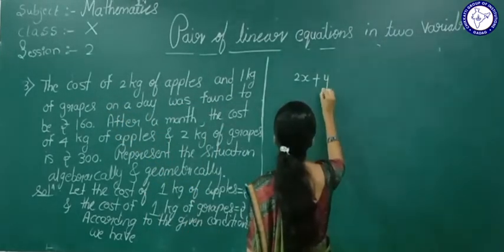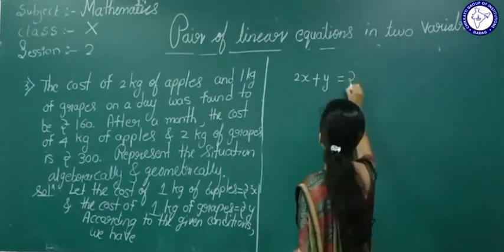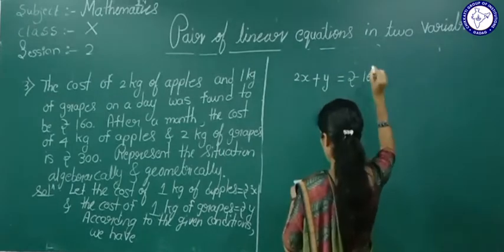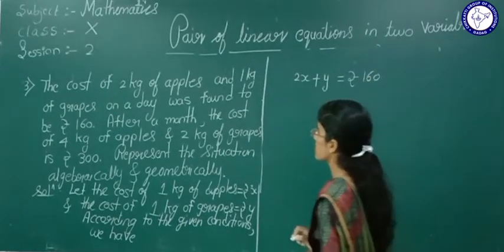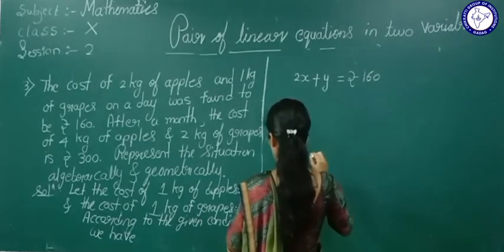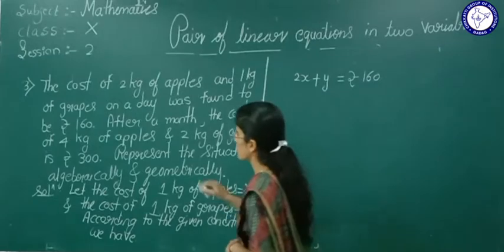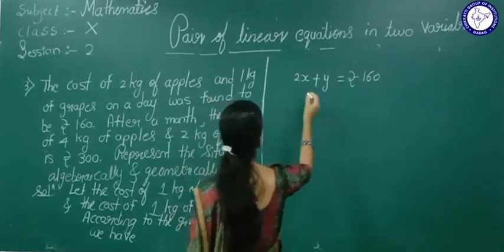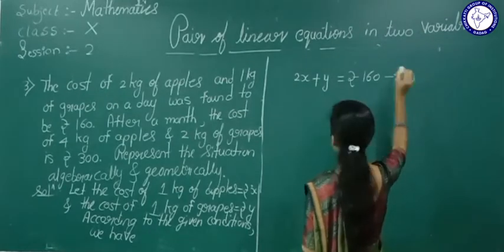The cost of 2 kg of apples and 1 kg of grapes is rupees 160. Call this equation number 1.